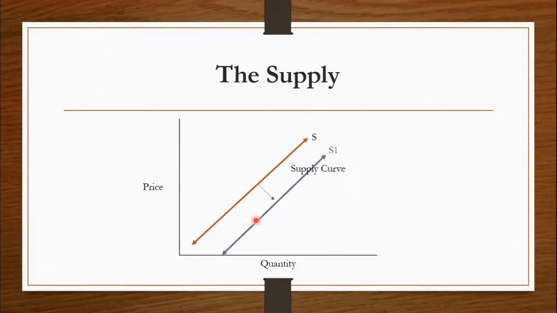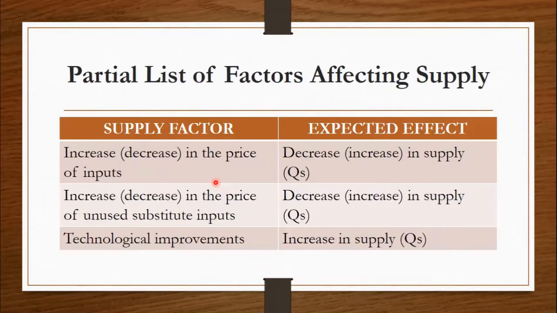So, your supply can also shift to the right and to the left. So again, there are factors affecting these shifts, no? So you have here increase in the price of inputs, meaning a decrease in supply. Meaning mo mahal imong raw materials, di ba? So mo decrease imong supply.